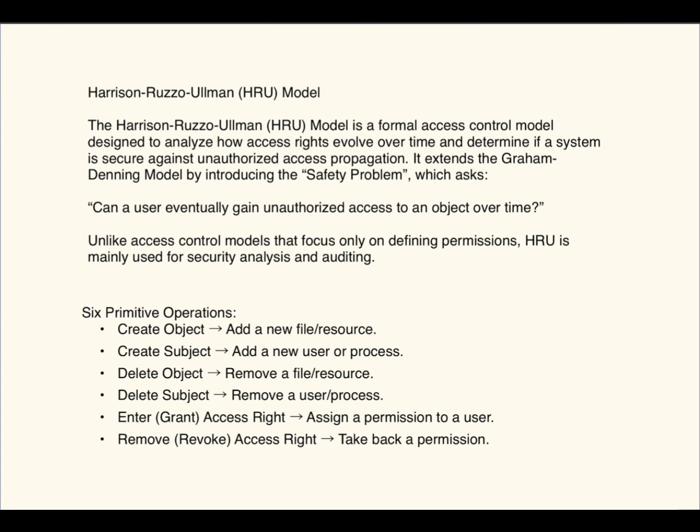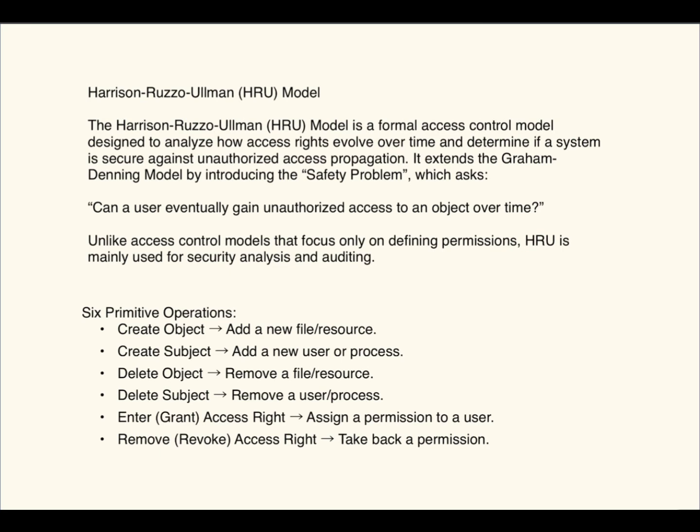It extends the Graham-Denning model by introducing a safety problem. It mainly focuses on safety problems. We will discuss this safety problem thoroughly shortly. So that means, can a user eventually gain unauthorized access to an object over time?